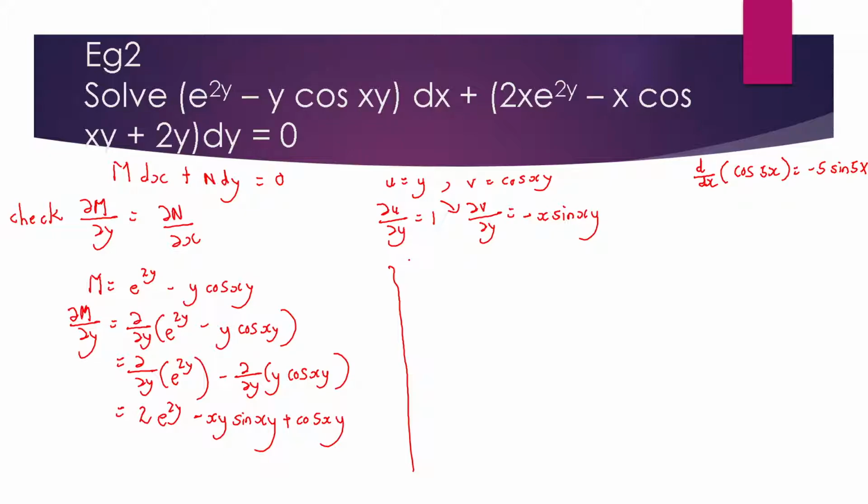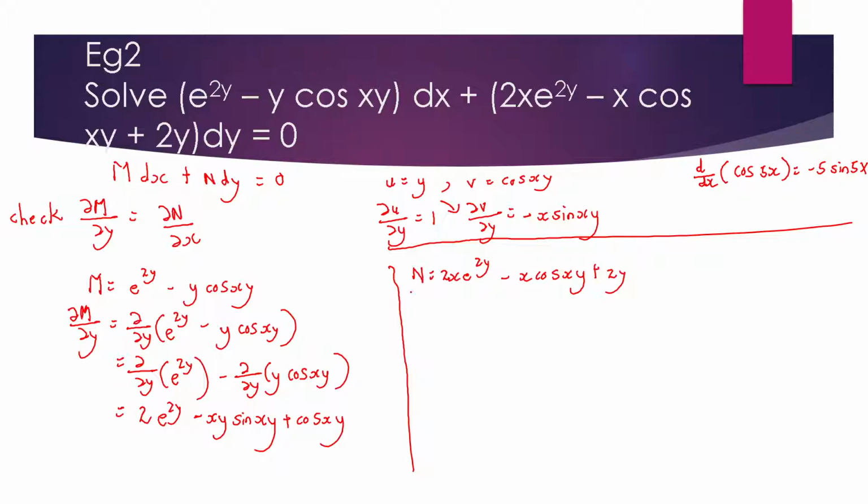Okay, and then n is the coefficient of dy. n in this case is 2x exponent 2y minus x cos xy plus 2y.